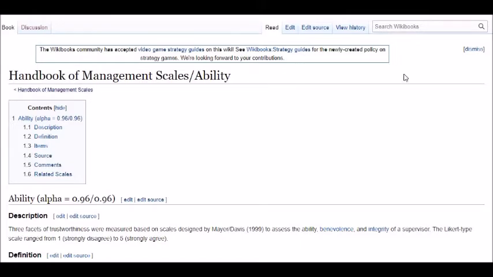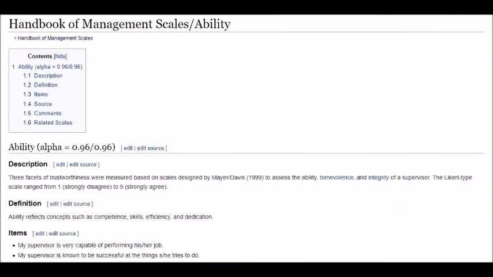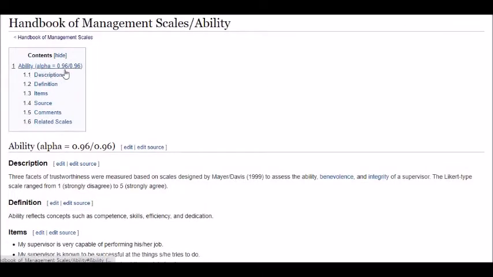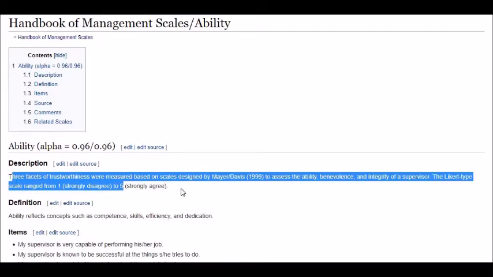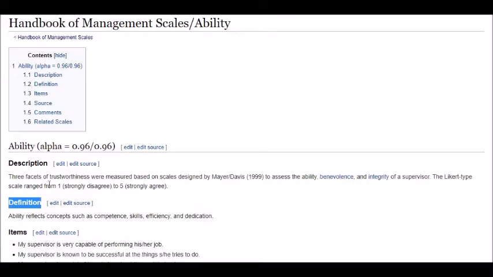Now they are telling you Handbook of Management Scales, and especially if I am talking about the ability, here they say that ability in this one has got alpha as 0.96. Description: they have given you three facets of trustworthiness measured on scales designed by Mayer and Davis in 1999 to assess the ability, benevolence and integrity of a supervisor, and it's a Likert-type scale ranging from 1, strongly disagree, to 5, strongly agree. Definition: ability reflects.